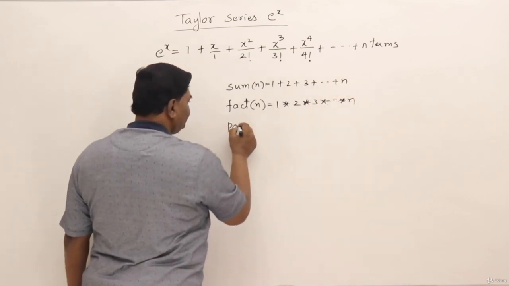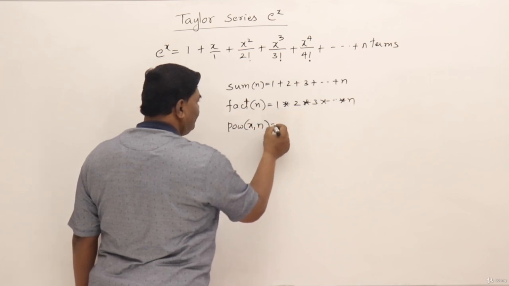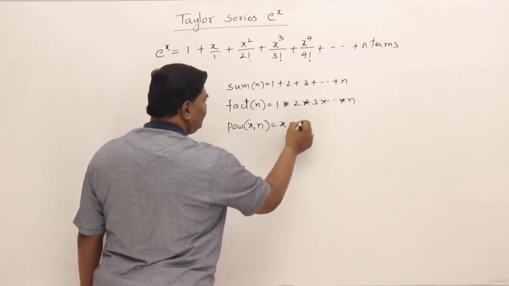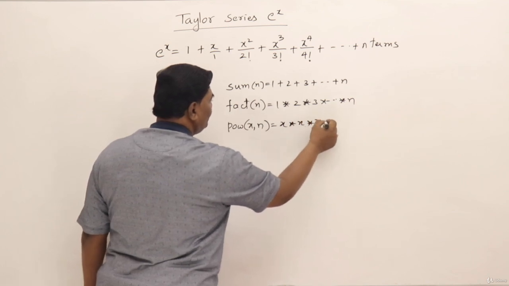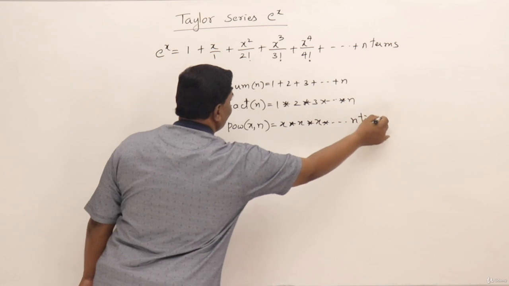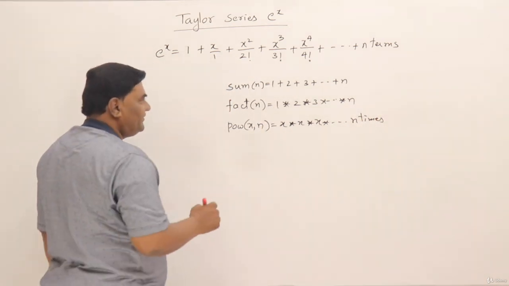And we have written a function for finding the power, x power n, that is x into x into x going on for n times. We have already written recursive functions for these.